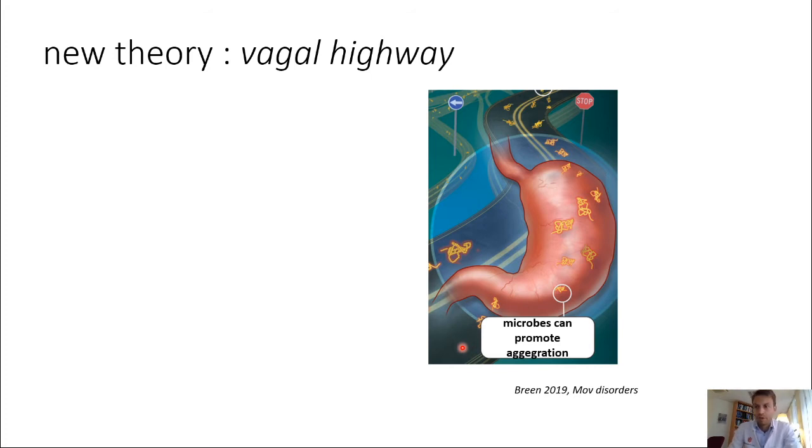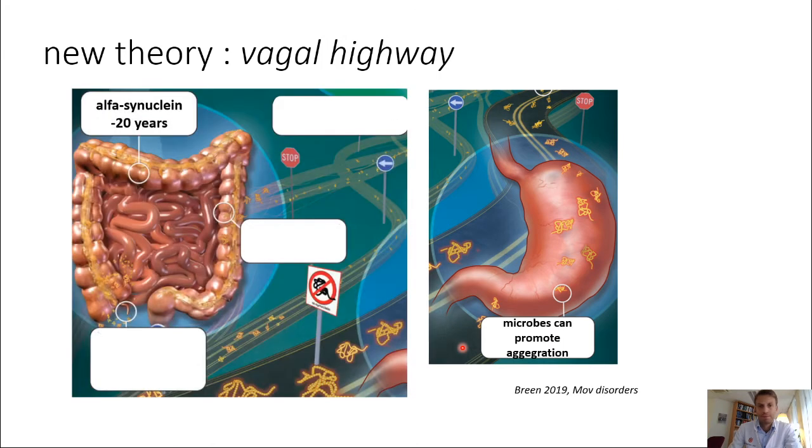So the different microbes in your gastrointestinal system influence the chance of developing PD. And we also know that even as early as 20 years before the clinical diagnosis of PD, so clinical diagnosis being the motor symptoms, there can be pathological alpha-synuclein present in the enteric wall.